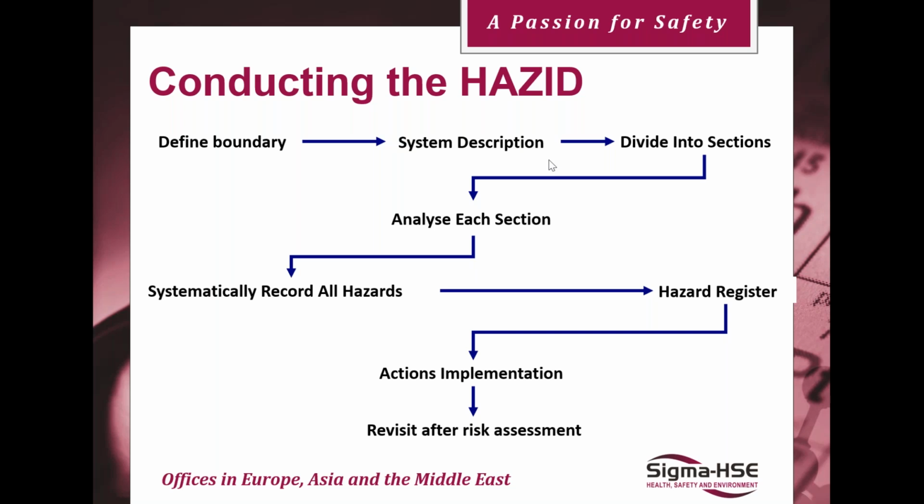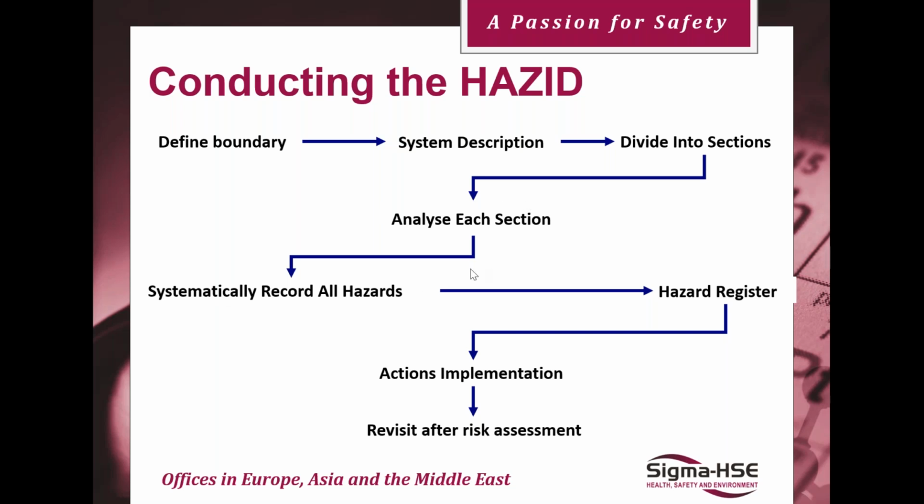It is the safe operating envelope, the conditions of temperature, pressure, flow rate, pH, Wobbe number, whatever it happens to be, for which your equipment has been designed to operate. We make the assumption that no hazards arise from your equipment operating as it is intended to operate. We'll divide that system into sections.